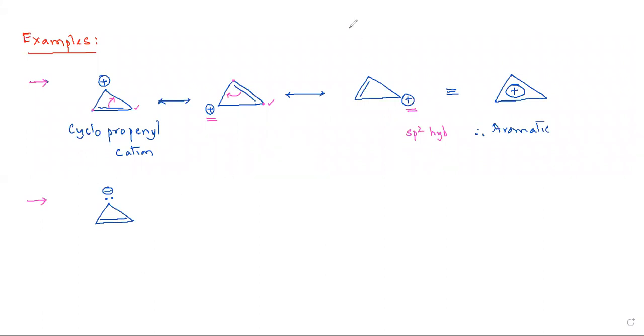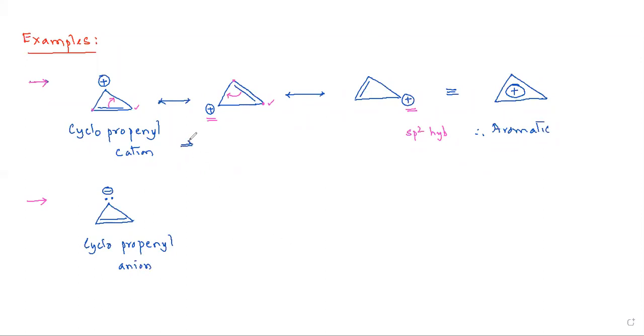Now what kind of species is this? I can tell you that it has everything just like the previous one, but the point is it has 4 pi electrons.